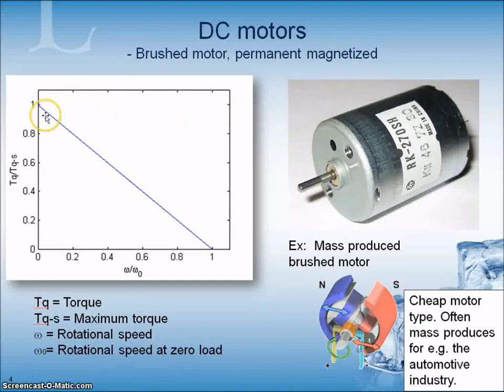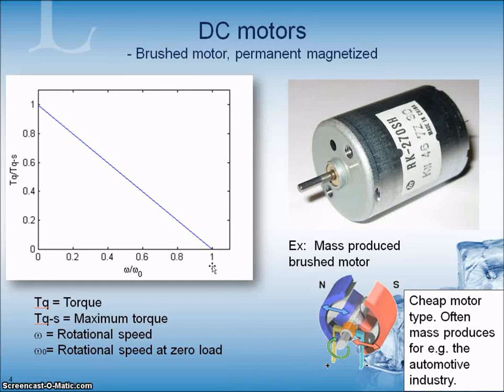If we look at the characteristics of this motor, we can see that here we have the torque that goes from 0 to 1. When it's 1, it means that we have the maximum torque for this specific motor. And we have here the rotational speed going from 0 to 1, with 1 being the maximal rotational speed for this specific motor.